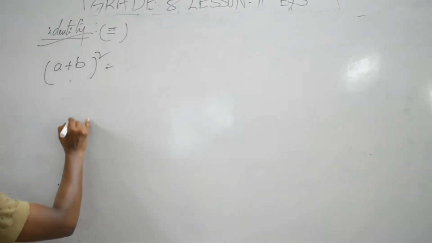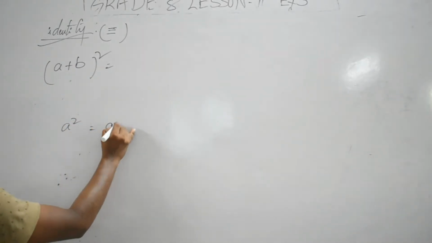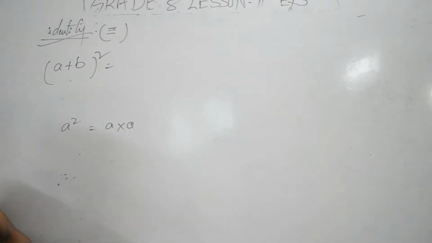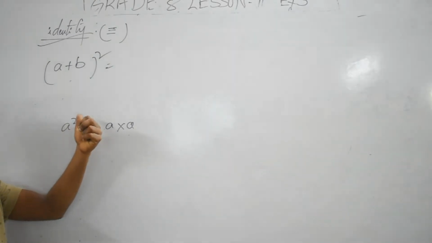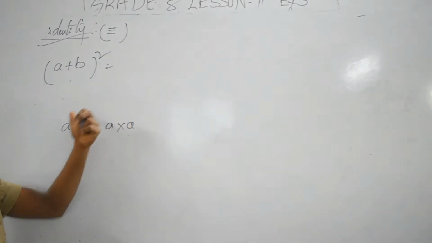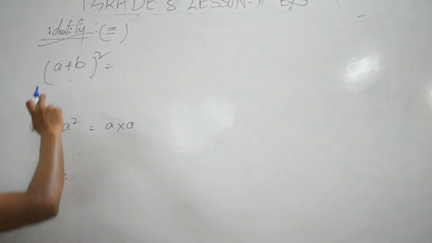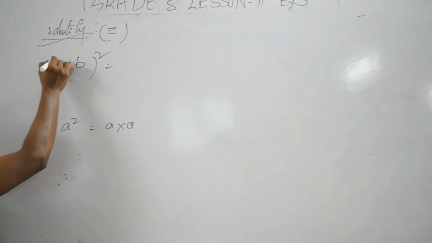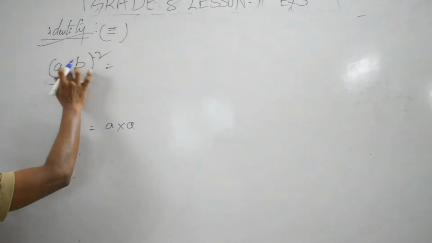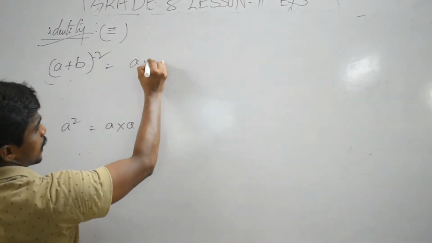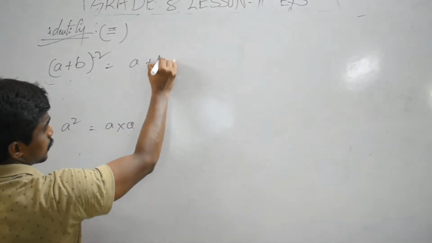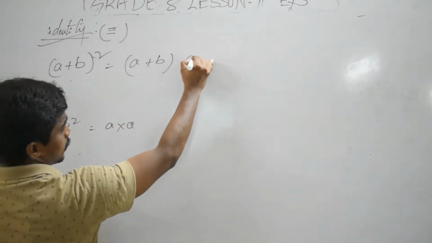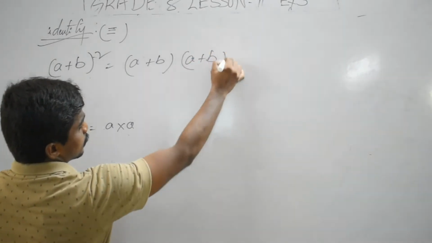Generally, a square, how to write? a times a. This is a power, how many times the base we are multiplying. Here a plus b whole square, like both in one whole square. So a plus b times a plus b.